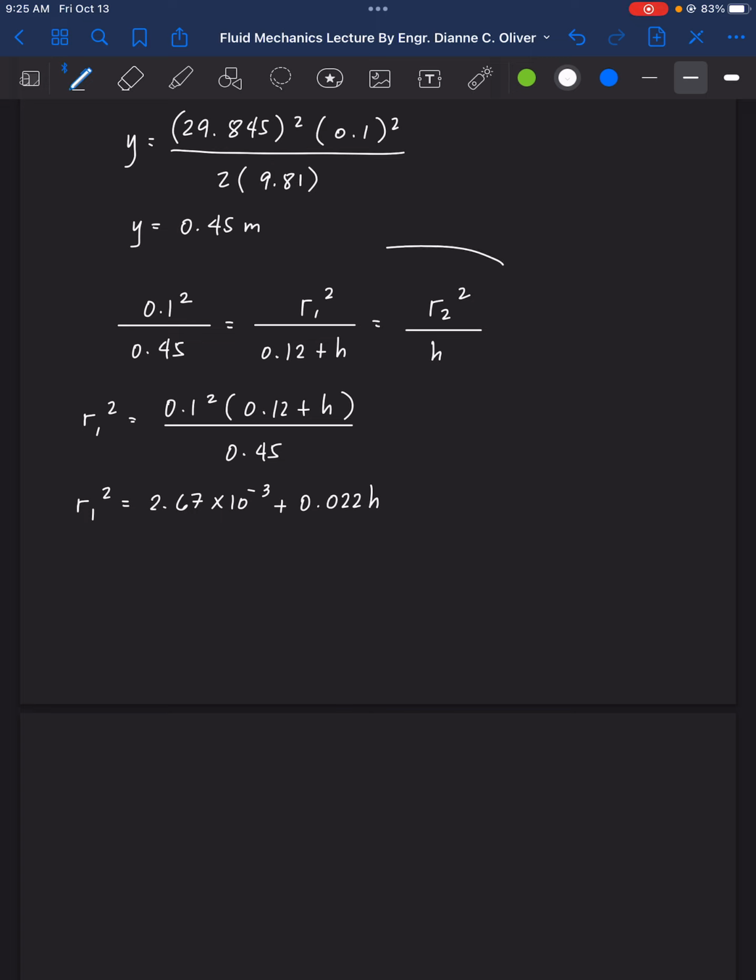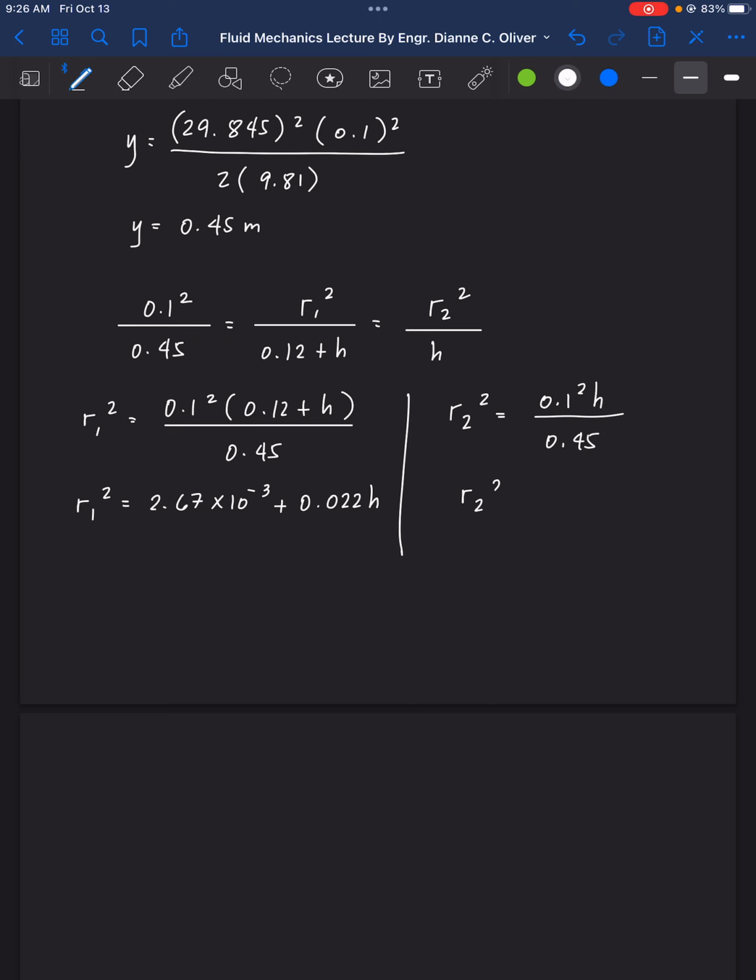Next, let's concentrate here. The concentration here is this and this. So R2 squared is equal to 0.1 squared h all over 0.45.